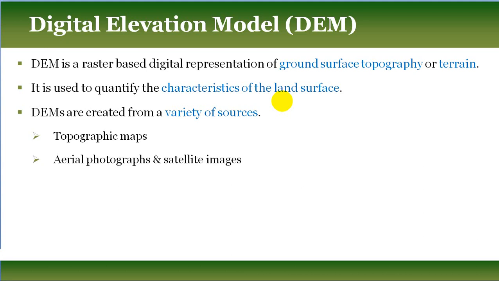If you have aerial photographs and satellite images, from those two types of data we can also prepare a DEM. If you have LiDAR data, a totally new technology used in GIS nowadays, very popular, light detection and ranging, then that can also be used for preparation of a DEM.